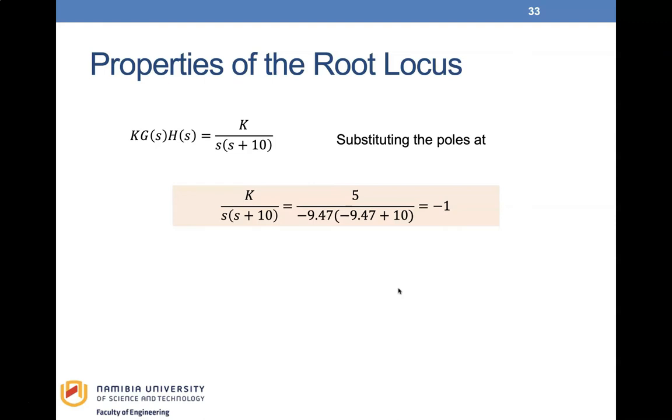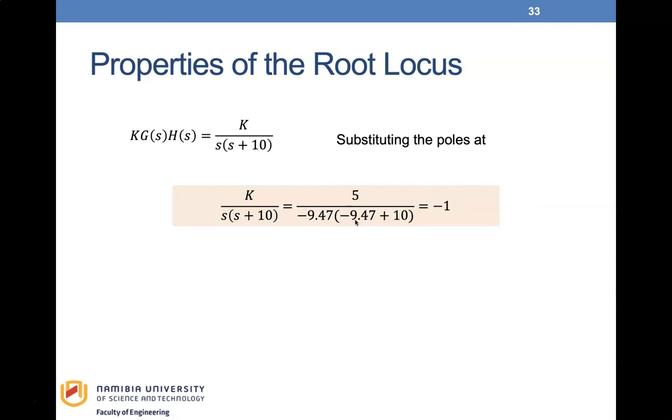Let us demonstrate this with the previous second order system, in which we had closed loop poles at -9.47 and -0.53 when the gain is 5. For this system, therefore, KG(s)H(s), that is the open loop transfer function, is equal to K over s plus 10.